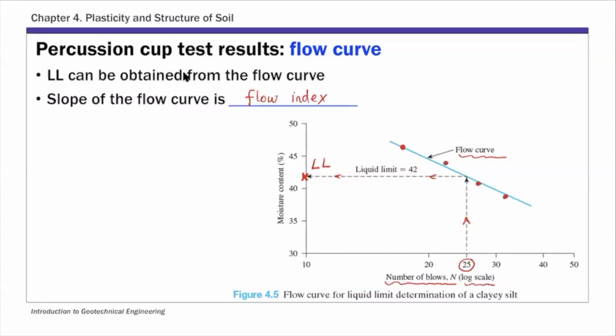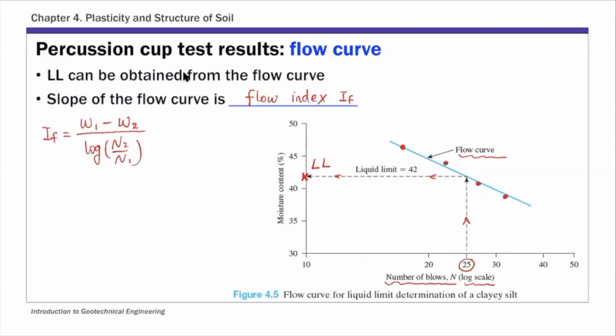Okay. And flow index is defined, and we call this IF. It's defined as water content 1 minus 2 divided by the log of N2 over N1.